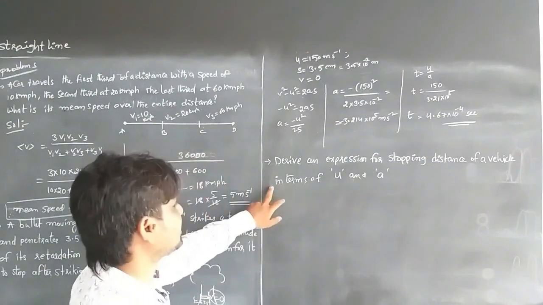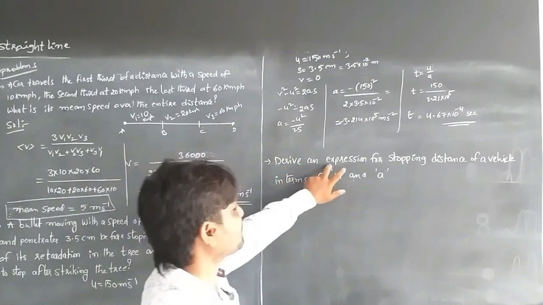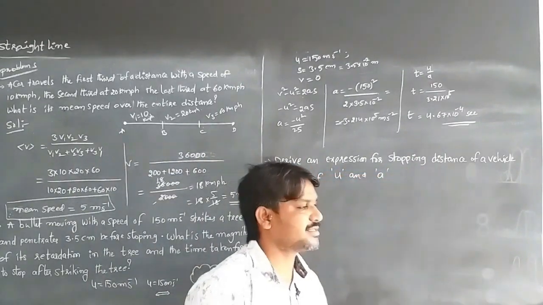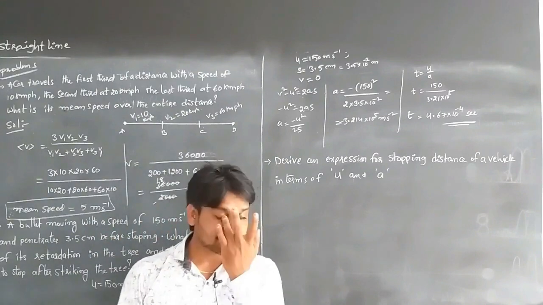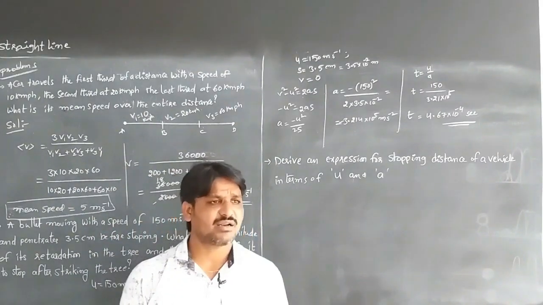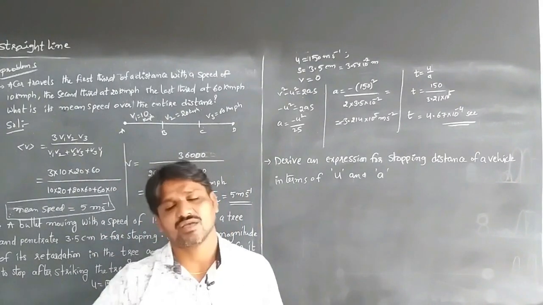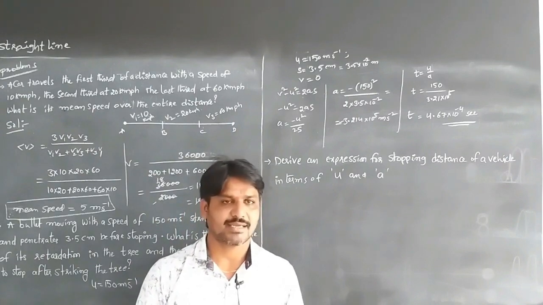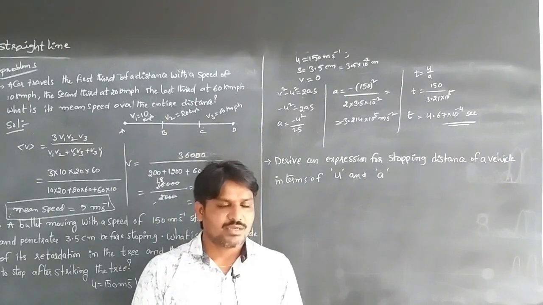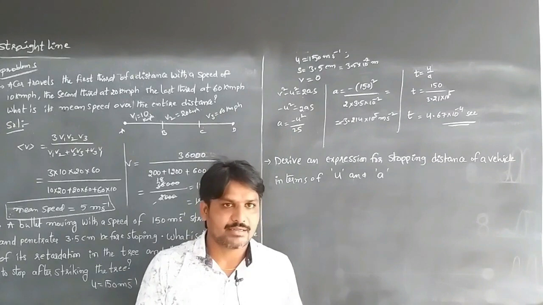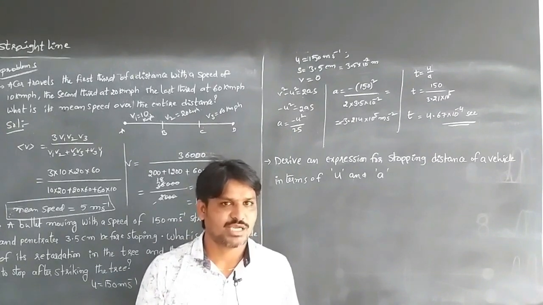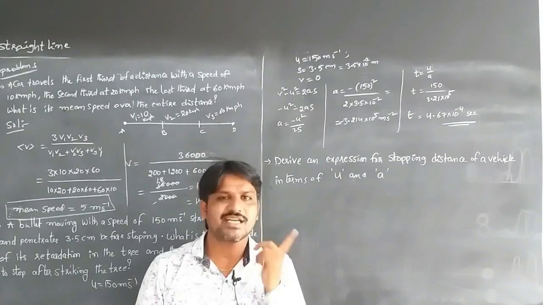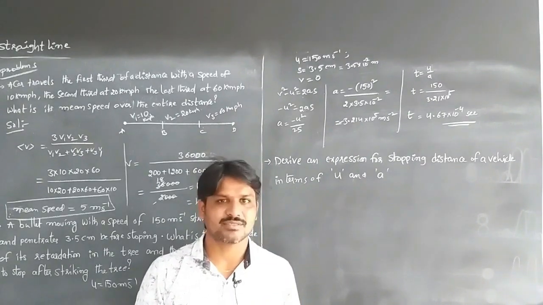Then another one: derive an expression for stopping distance. What is meant by stopping distance? When we are riding a bike or a bicycle and we apply the brake, the body cannot be stopped immediately. It will move a small distance until it stops.